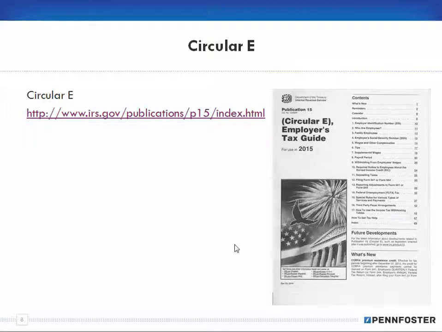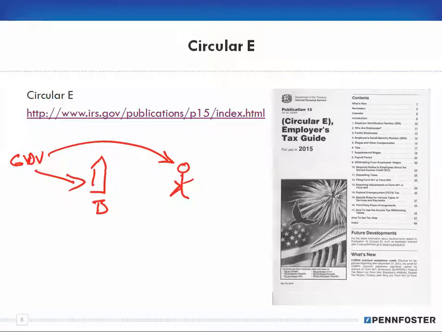They send this to each and every business, because remember, here's the business, right? This is the business. Here's you. And here's the government. They're not going to chase you for your taxes. They're going to go to Mr. Business.